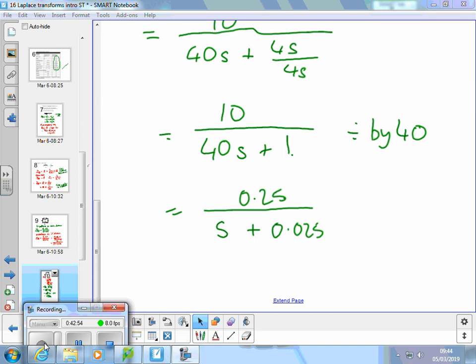Everyone happy with that? So with that particular one, there's a need for some manipulation of the total impedance expression into a simpler form before we use it to determine a current. We'll start doing this next week.